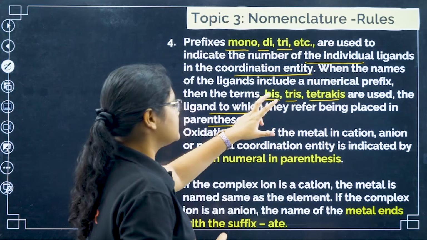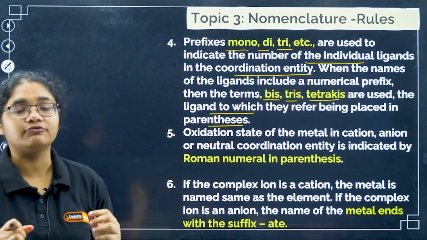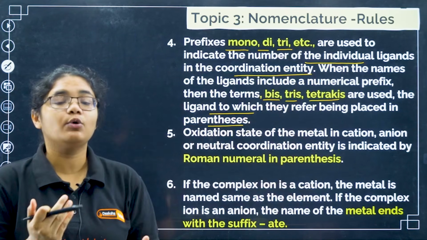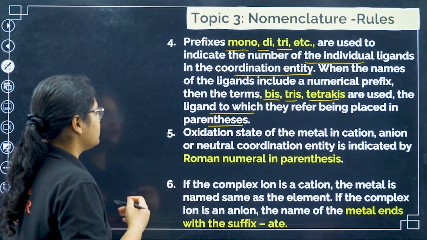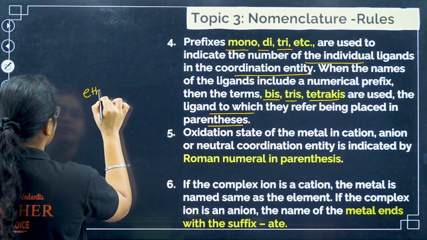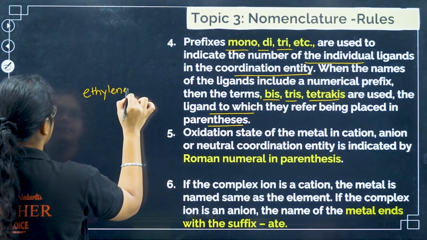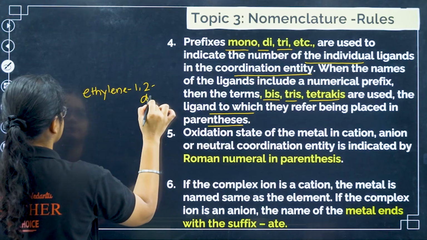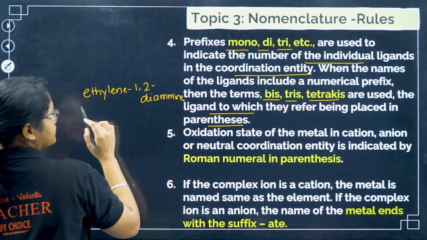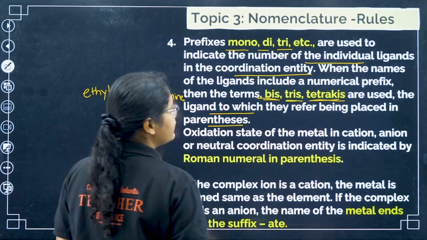So there are certain ligands for which we have to use words like bis, tris and tetrakis to denote the number of ligands. Basically with ethylene 1,2-diamine, this is the ligand. Here we use bis, tris or tetrakis.